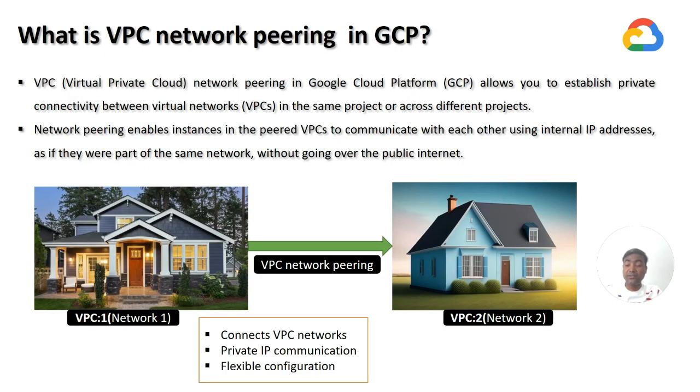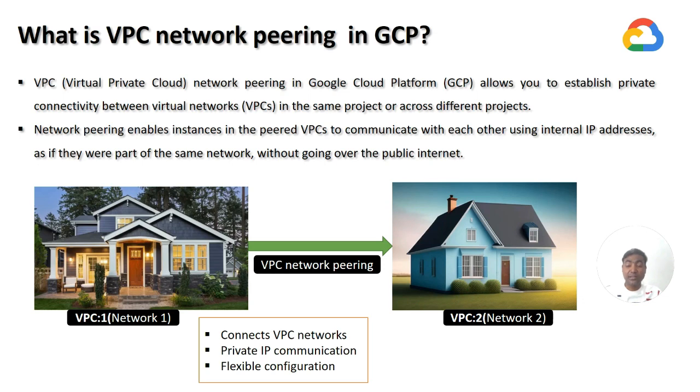Private IP communication: resources in both networks can directly access each other using internal IP addresses without needing to go through the public internet or NAT gateways. This enhances security and reduces latency. You can configure a peering connection to be one way or two way. You can choose to exchange subnet routes and custom routes to control which resources can communicate with each other.